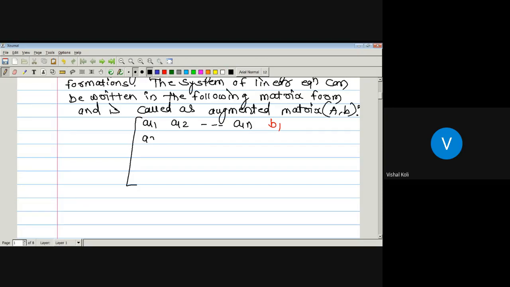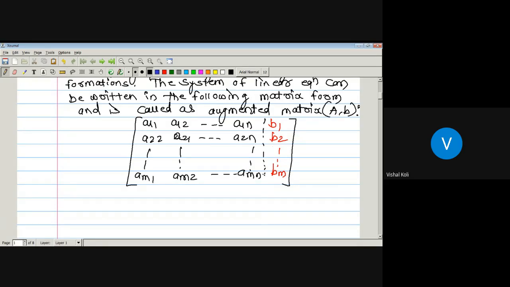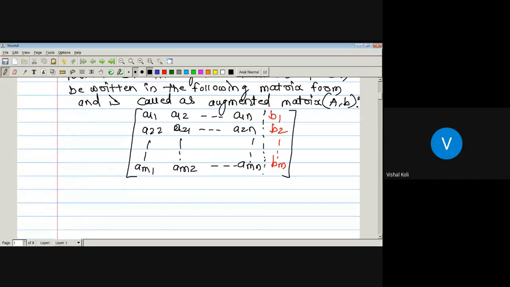Similarly, here a21, a22, up to so on a2n, and here we will write our entry b2, and up to so on am1, am2, and up to so on amn, and the last entry is nothing but bm. We can take a dot here also. Okay, and this will be the matrix notation for our augmented matrix.